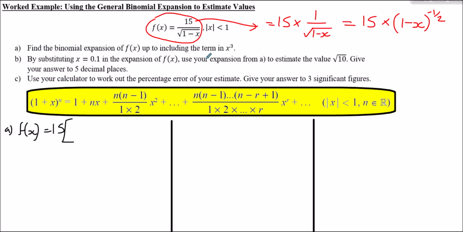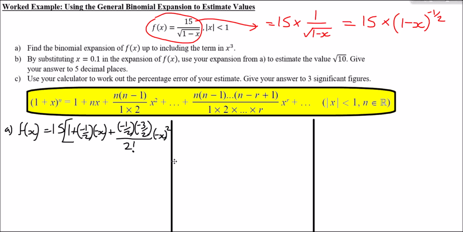So we want to go up to x cubed. So it's 1 plus the power, which is minus a half, multiplied by, now it's minus x we've got here, you see, so it's minus a half times minus x. And the next one, minus a half times minus 3 over 2, all over 2 factorial, then it's going to be minus x squared.